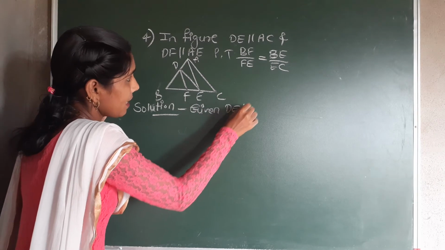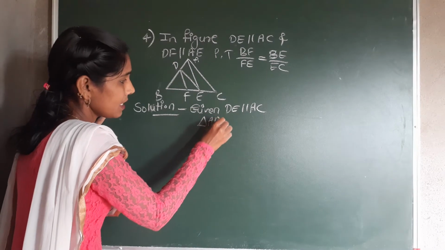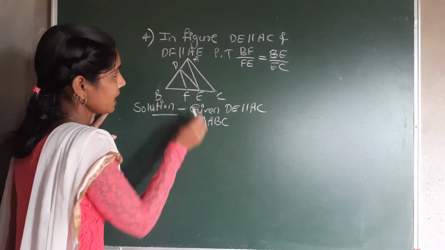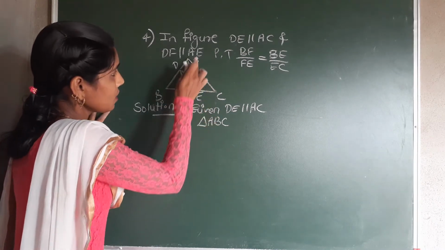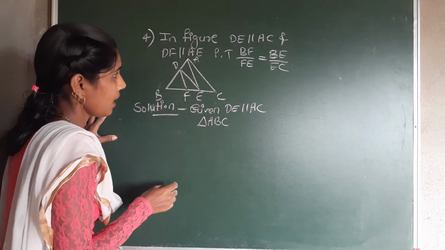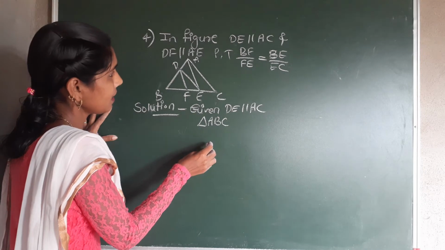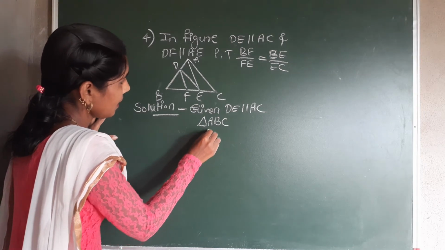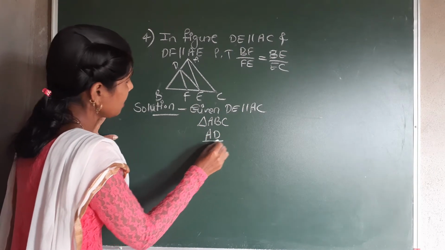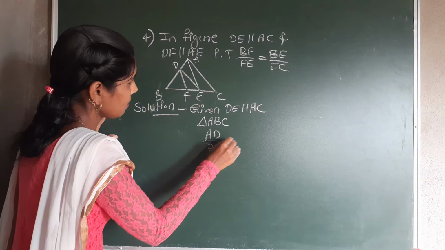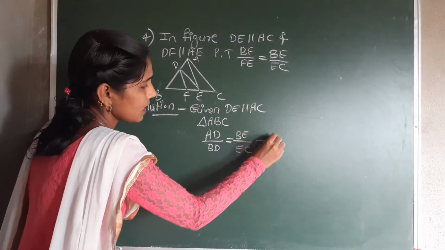So we can take triangle ABC, and we can write here AD divided by DB is equal to BE divided by EC. This is equation 1.